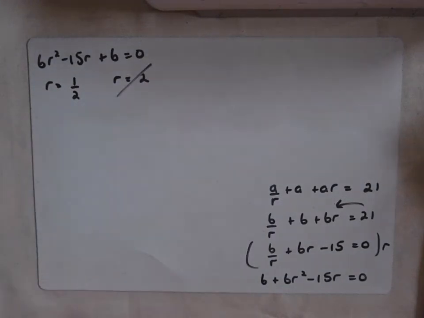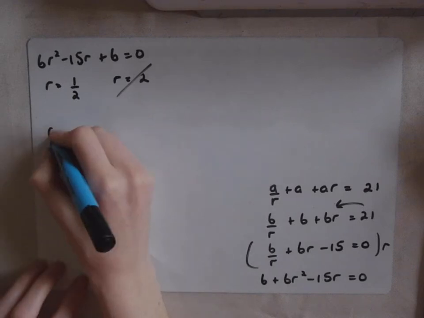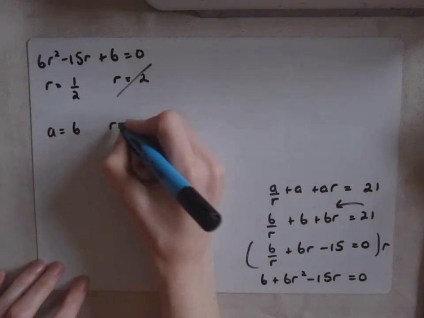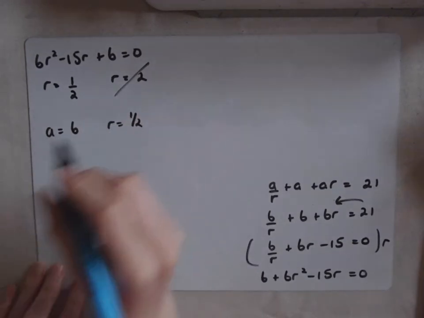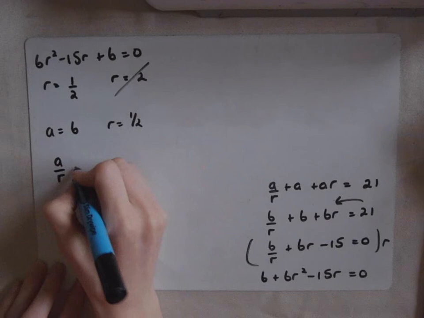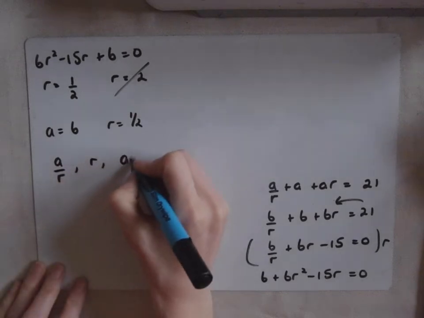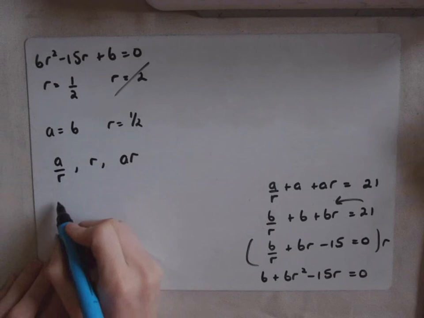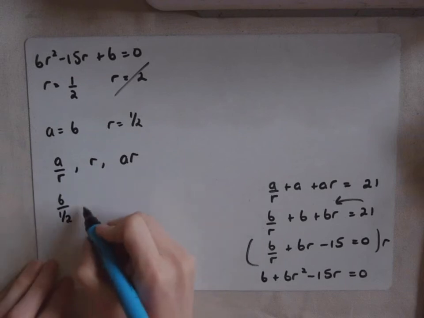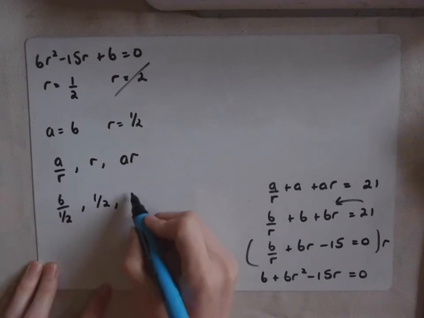So r is a half, okay? So I had a is 6 and r is a half, and in my sequence of numbers, it was a over r, then a, then ar. So the first 3 terms are 6 over a half, then a half, and then 6 by a half.